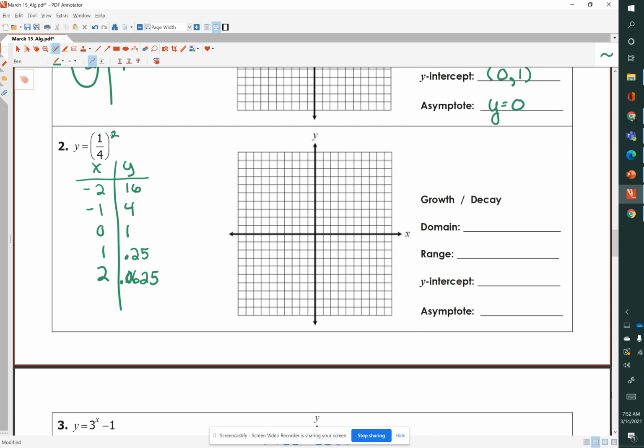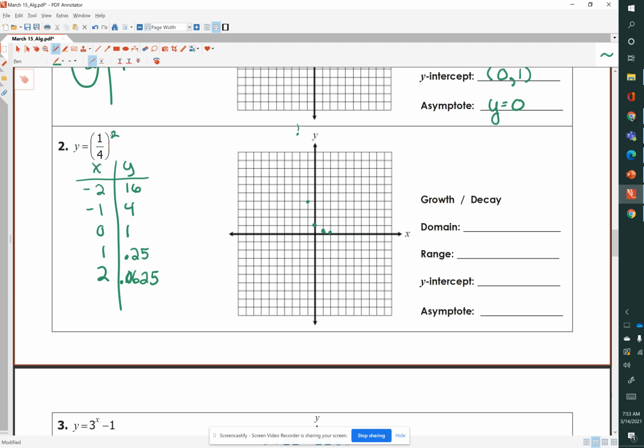So now let's graph that. So (2, 0.0625) is going to be real close to the x-axis. And then (1, 0.25) a little further from the x-axis. (0, 1) is our y-intercept. Negative 1, 4, and negative 2, 16, which will be off the graph.